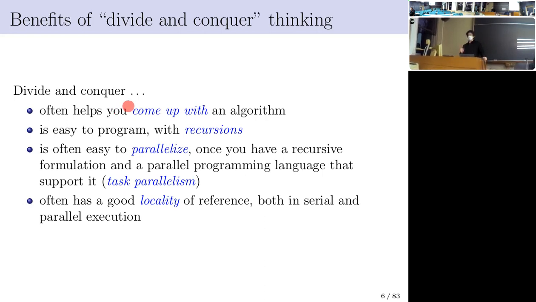So you have to think about how you solve it. But divide and conquer thinking often helps you come up with an algorithm that at least works. Given a problem, you somehow divide it into similar subproblems. If each subproblem is solved simply by using recursive calls, and you are able to combine them to get the result of the original input, then you get the algorithm, right?